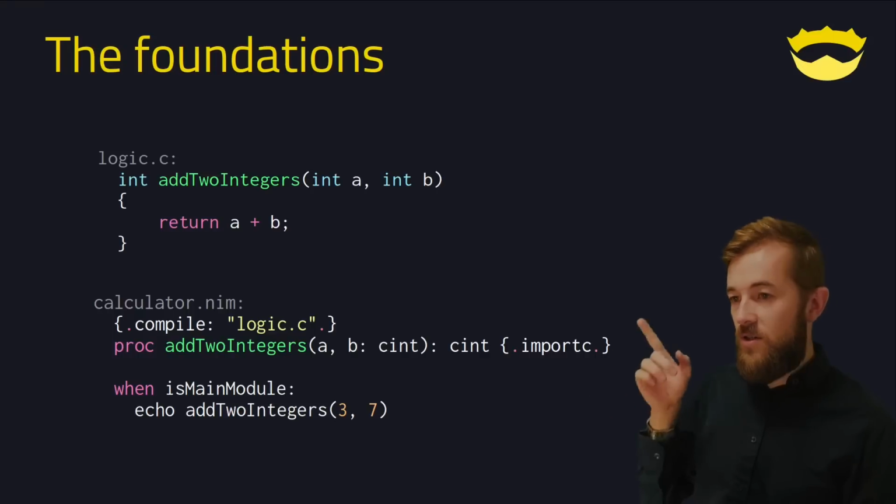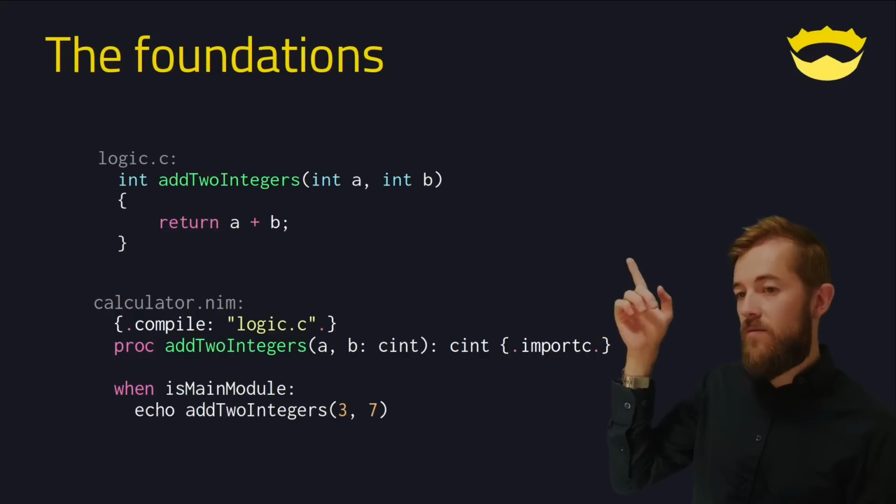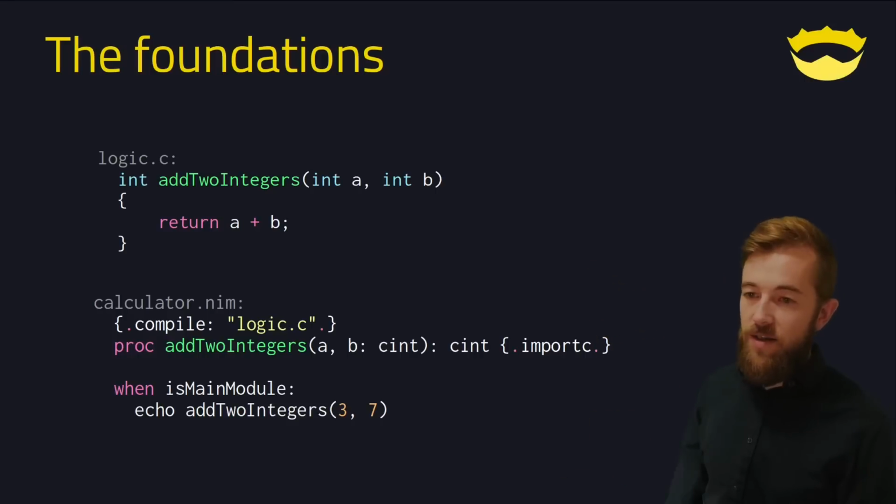The second one just tells Nim that we have a function that you can call like this, and just pretend that it's there in C land, and it will be because of the compile statement. If this was a dynamic library, we wouldn't need that compile logic.c statement. That would be a linking statement instead.